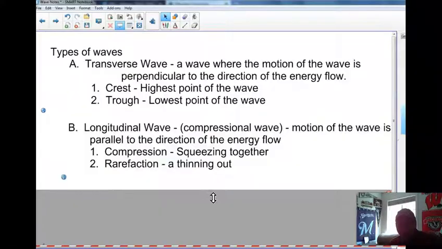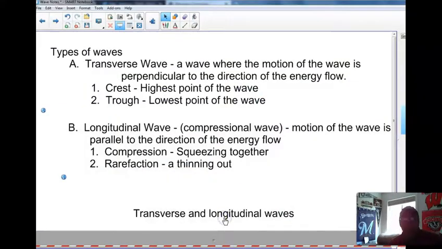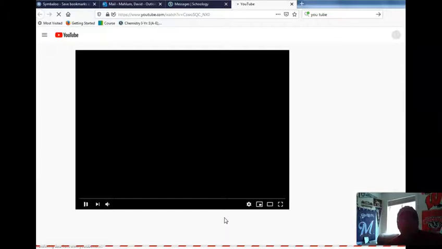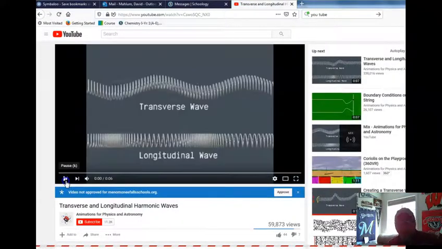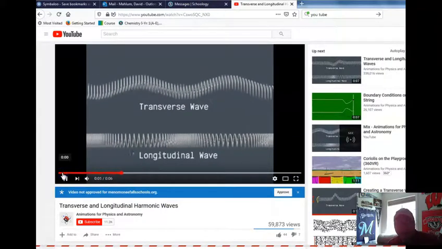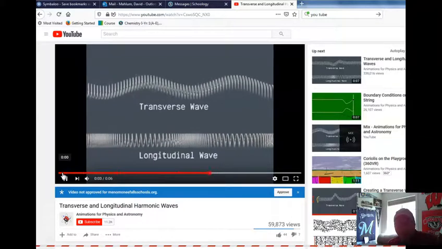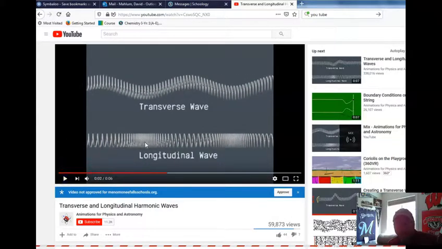So, if we wanted to see the two of them together at the same time, I could show you both of those together at the same time. And it'd be nice if this looped for longer than 6 seconds here, but maybe if I just keep going back and forth, and then maybe even if I pause it for a second, here's a compression, here's a rarefaction.